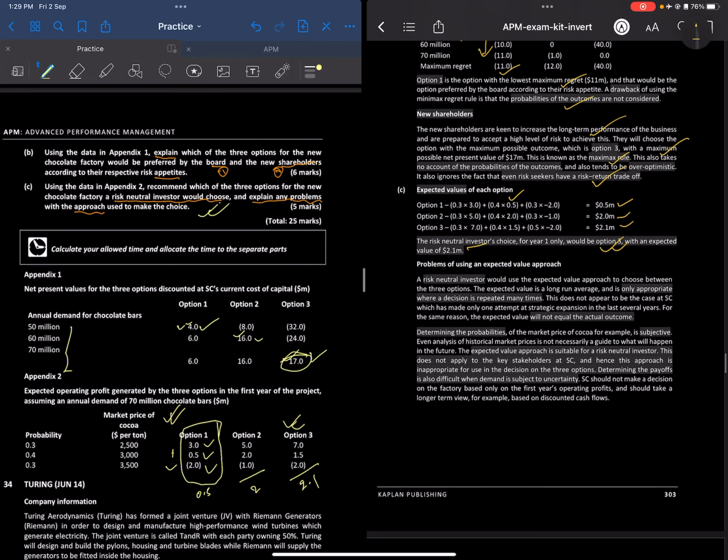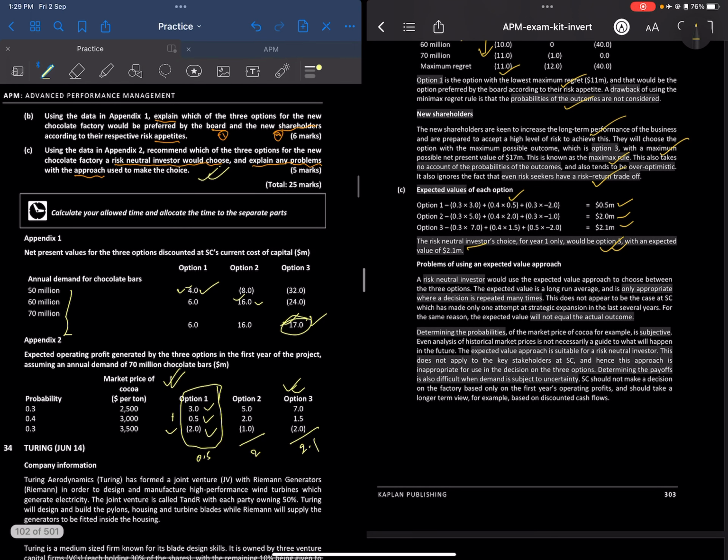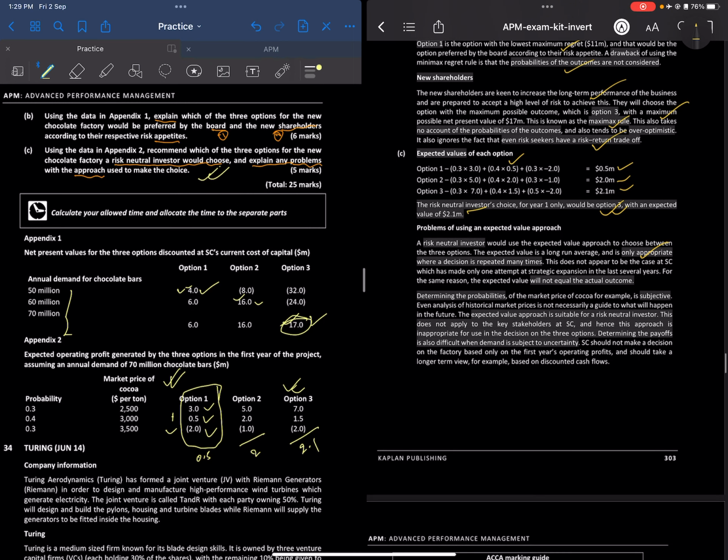And we need to talk about the problems associated with this approach. Basically, it's not always the same, okay? So it's only appropriate for decisions which are repeated many times, okay? So risk neutral would use the expected value approach, and this does not appear to be the case, okay?